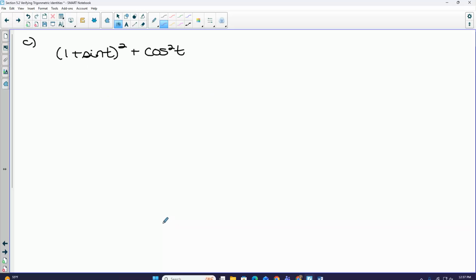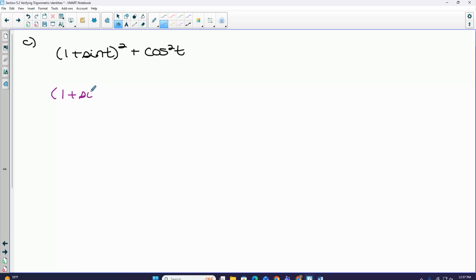Let's try this one. You had one on your homework that was like this. You had to square things. What do you have to do in order to square the 1 plus sine t?